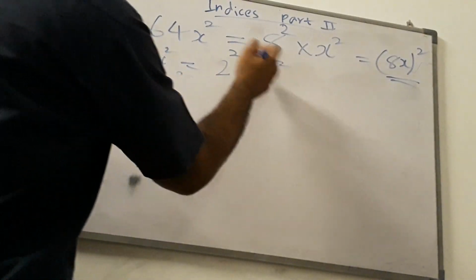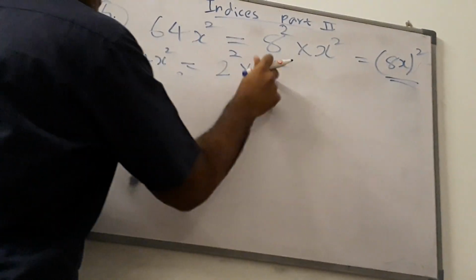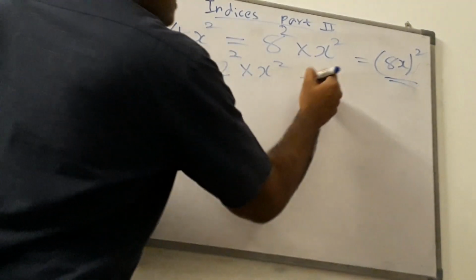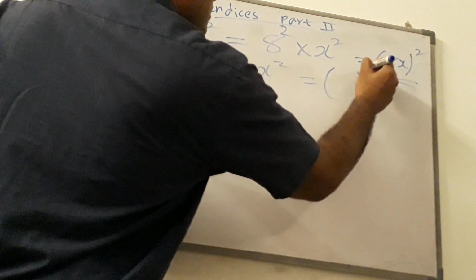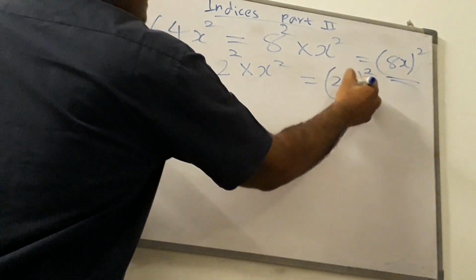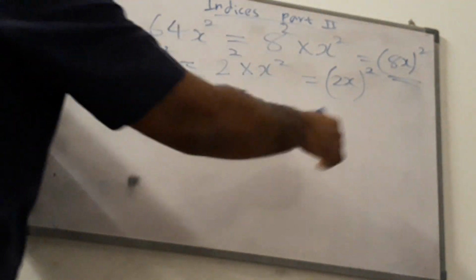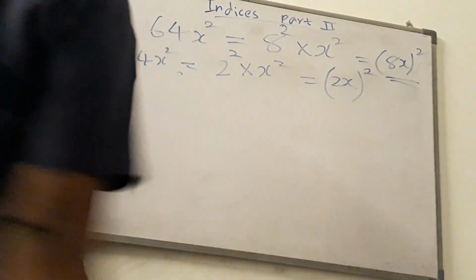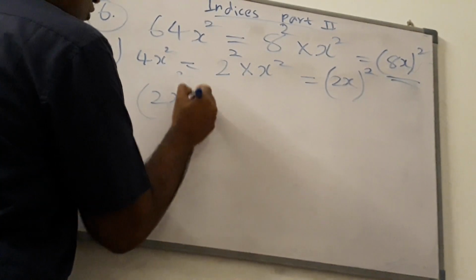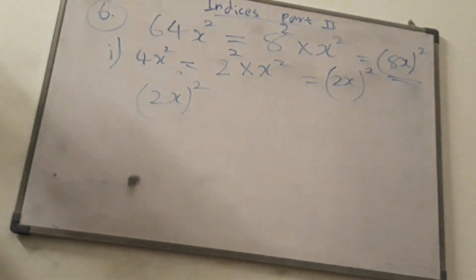After this, we know that the power 2 is common to both 2 and x. So we can write this index 2 outside, and combine 2x together like this. So 2x altogether to the power 2 equals 4x squared.